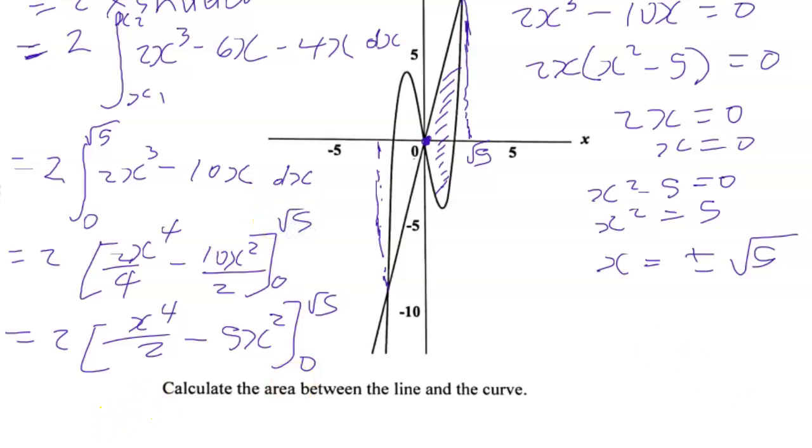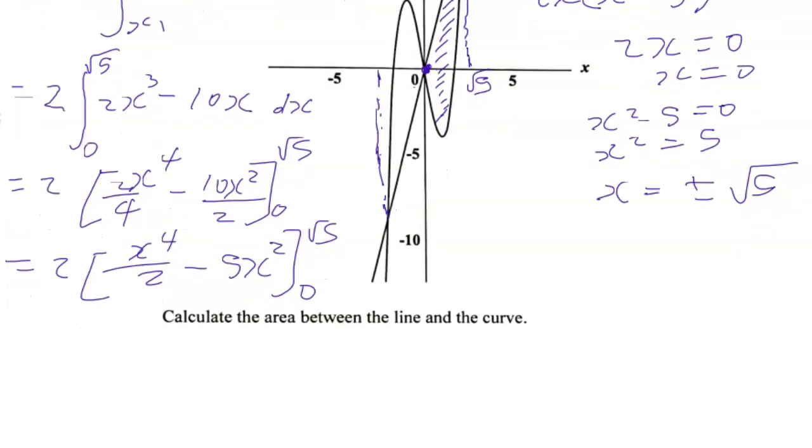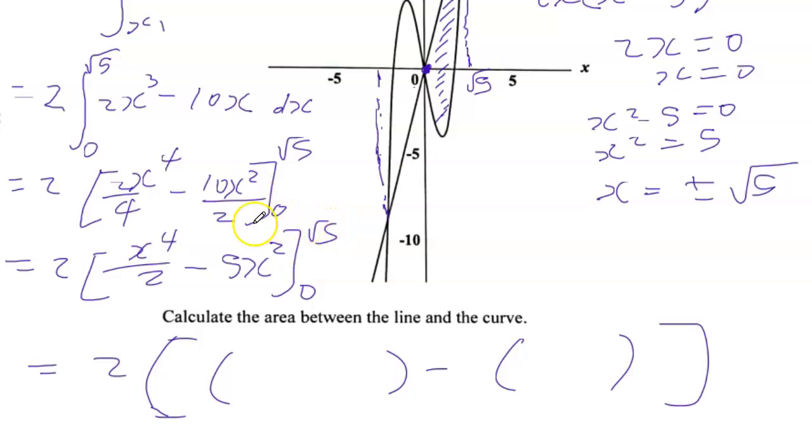Alright, let's do our substitutions now. In the top value, we're going to form two brackets. In the first bracket, replace the x value with root 5. The second bracket, replace x value with 0. So what we have is root 5 to the power of 4. Now root 5 to the power of 4 is 5 times 5, that's 25 over 2, minus 5 times root 5 squared.